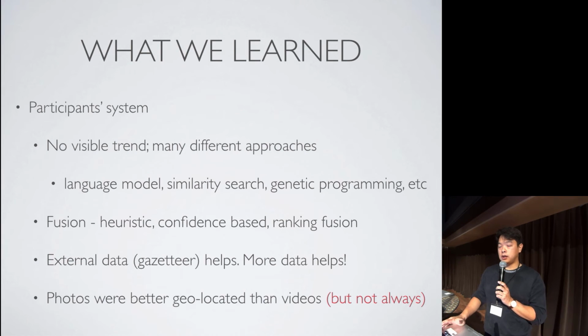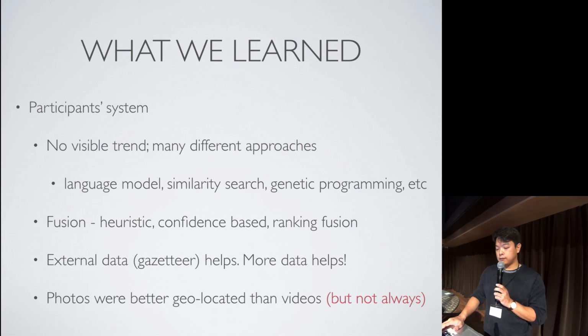If there's any text that's meaningful, then they used it. If not, then they backed off to the visual feature. One team used a confidence-based metric to fuse the modalities, and another team used a ranking fusion method. External data helps, more data helps, of course.